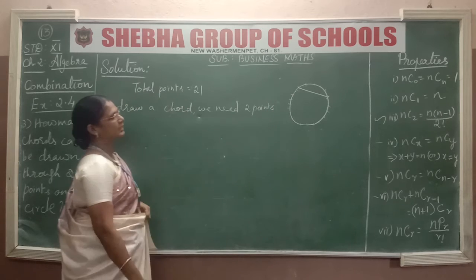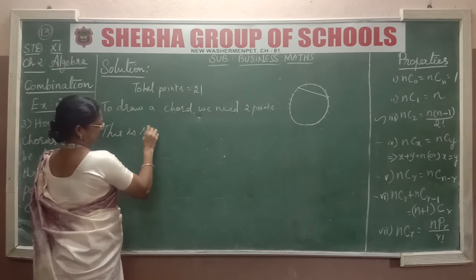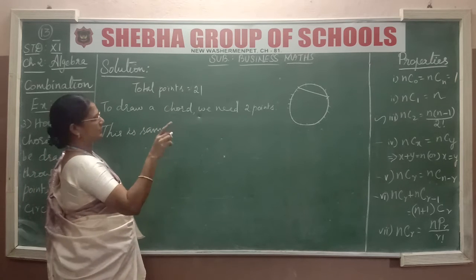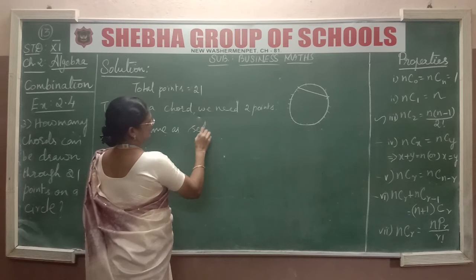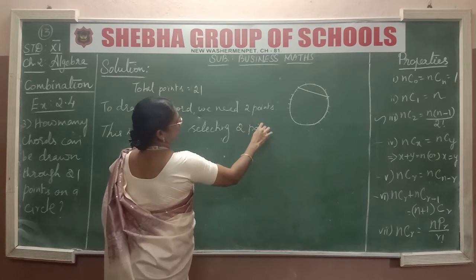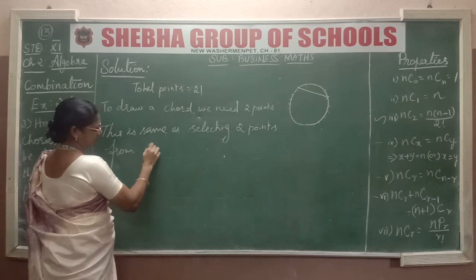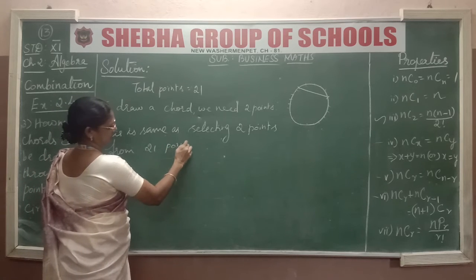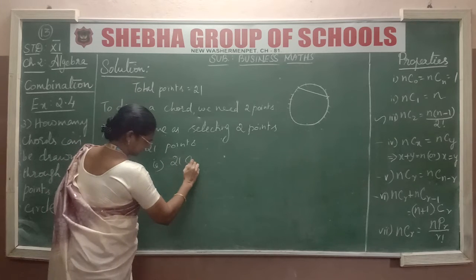So this is the same as 21C2, that is selecting 2 points from 21 points, 21C2 ways.